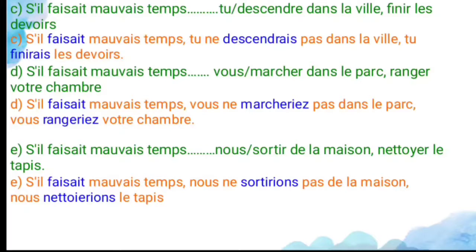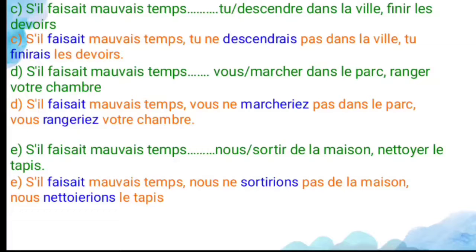S'il faisait mauvais temps, if the weather was bad, tu ne descendrais pas dans la ville, you would not go down into the city, and tu finirais le devoir, and you would finish your homework. So here the verb descendre ends with e, you have to remove the e and add the endings. And finir also is a regular verb, infinitive plus endings for the subject tu.